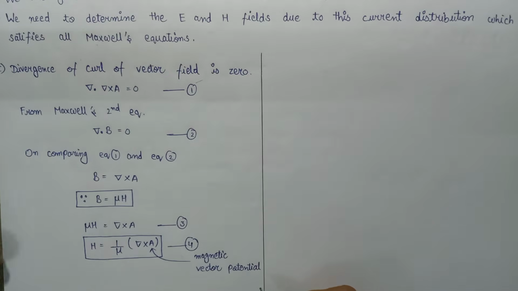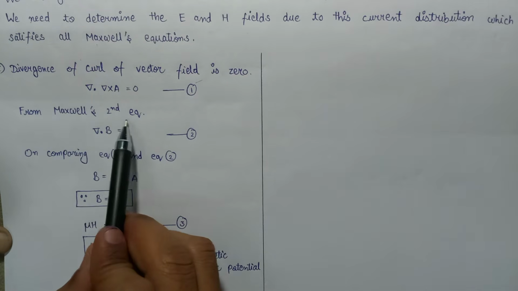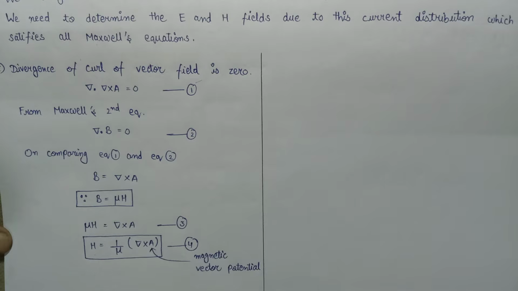And this is the final magnetic field equation, and it satisfies Maxwell's second equation also. So Maxwell's second equation is satisfied easily.